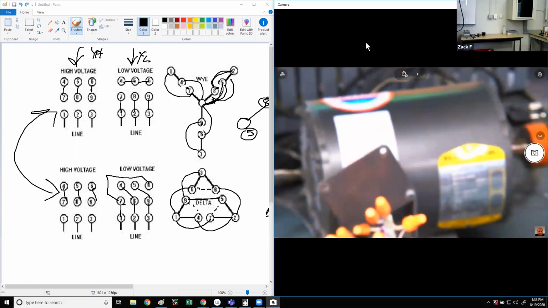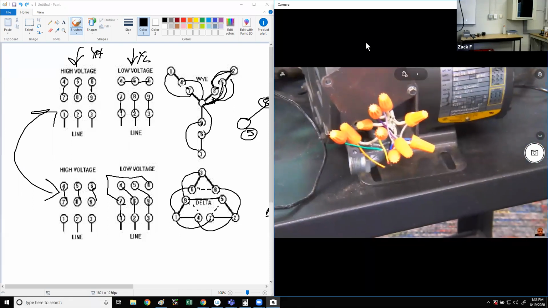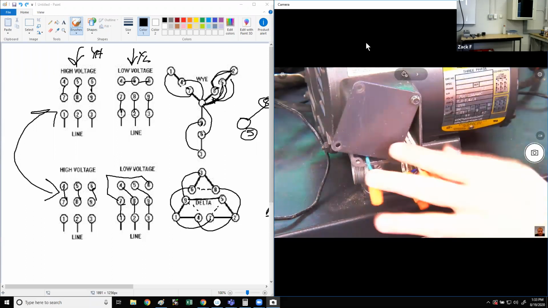So I got this motor. I got a pecker head. I got these 9 wires sticking out, right?